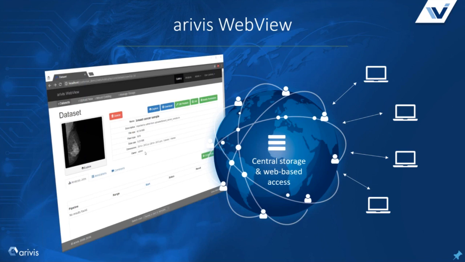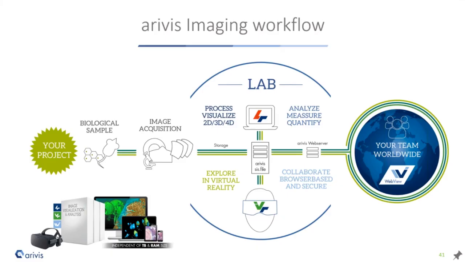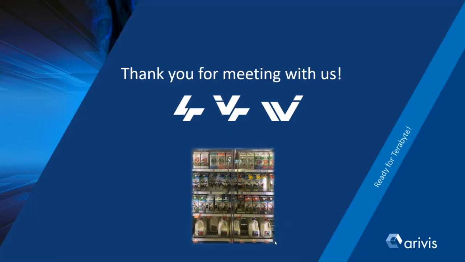You can do manual, sort of what people would call crowdsourced annotations. And then the beautiful thing is that all of these different tools fit perfectly together. They're all using the Arrivis SIS file format, and they all plug into each other. So that means that you could build a completely custom imaging workflow in your lab. So this is where we end.